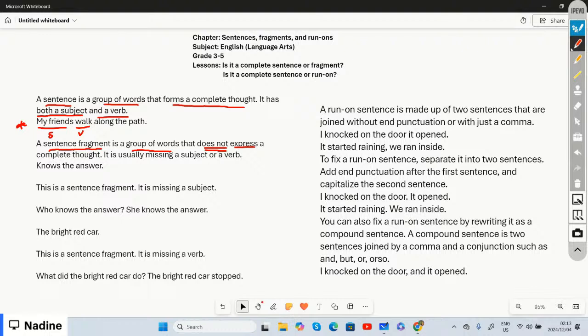Since it doesn't express a complete thought, a fragment is usually either missing a subject or missing a verb. So one of the two is missing.